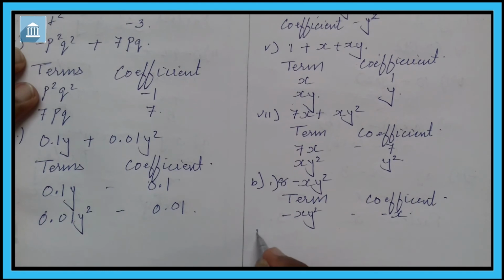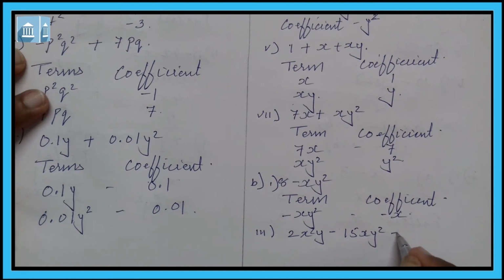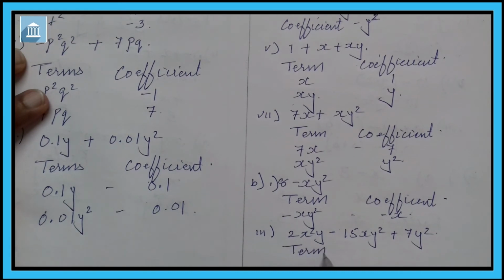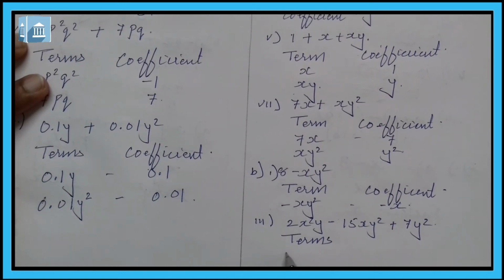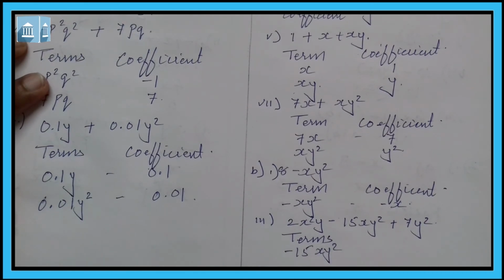Let us do the third one. Third one says 2x square y minus 15xy square plus 7y square. Now here the terms which have y square are minus 15xy square and the second one is 7y square.